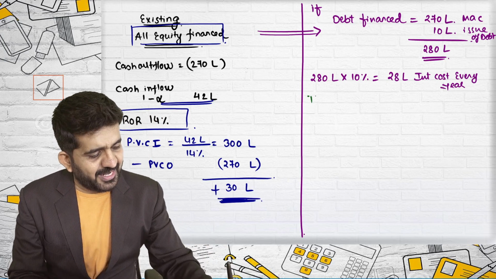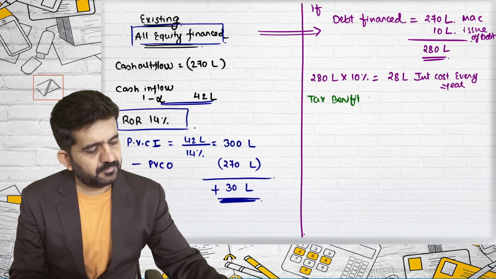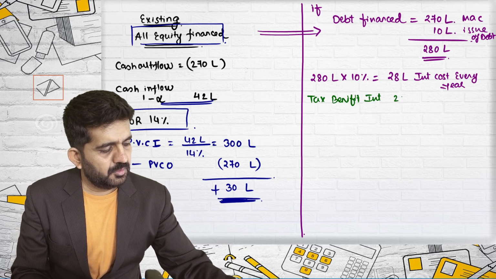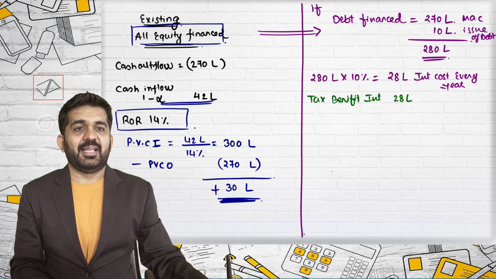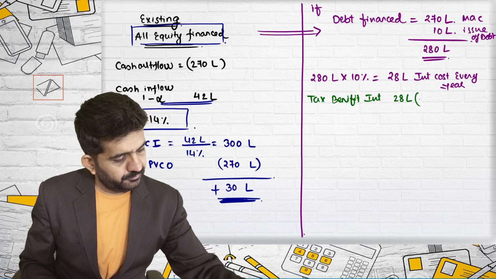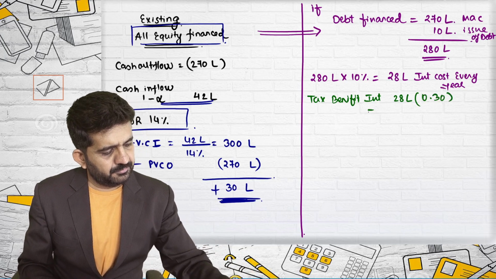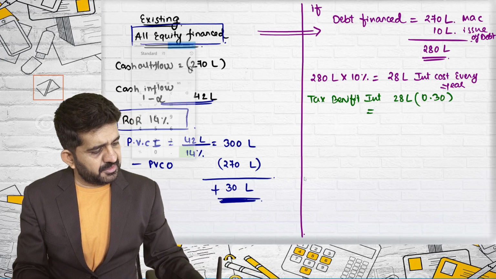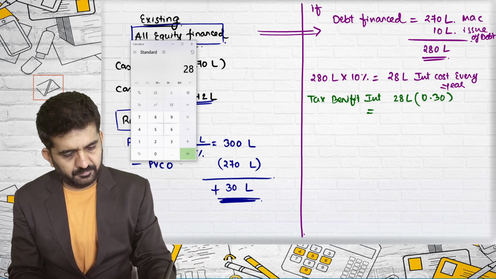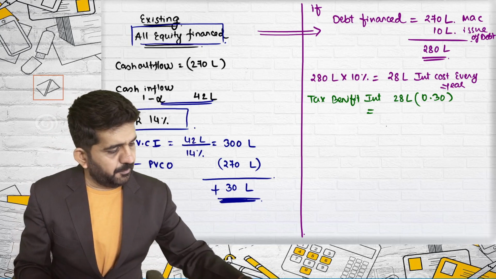What will be the tax benefit on interest? It will be 28 lakhs into tax rate 0.30 will be tax benefit on interest. It is 8.4 lakhs.